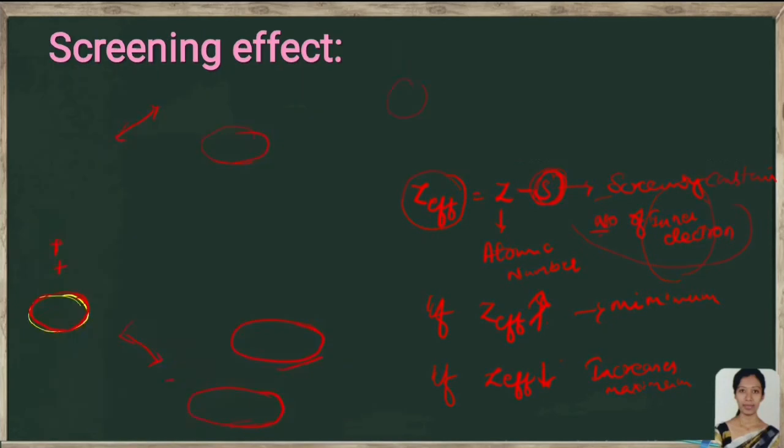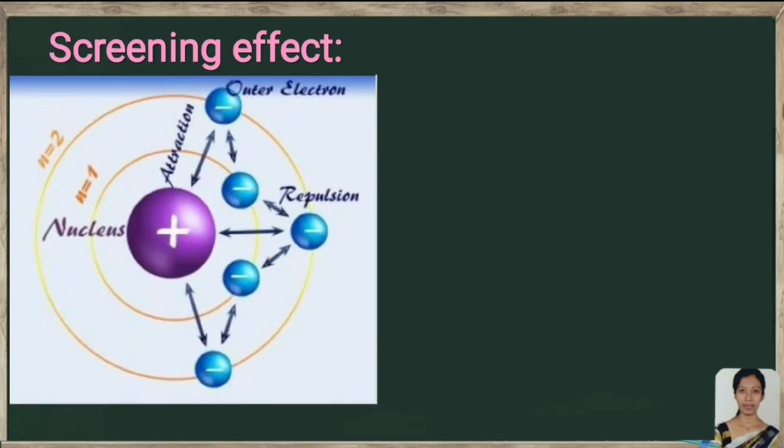The next factor is the screening effect. To understand this, watch this picture. Here we have a nucleus, inner electrons, and outer electrons. There will be attraction between the outer electron and the nucleus, and there will be repulsion between electrons.